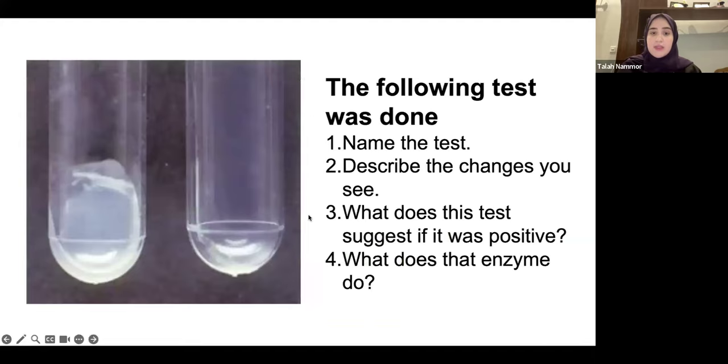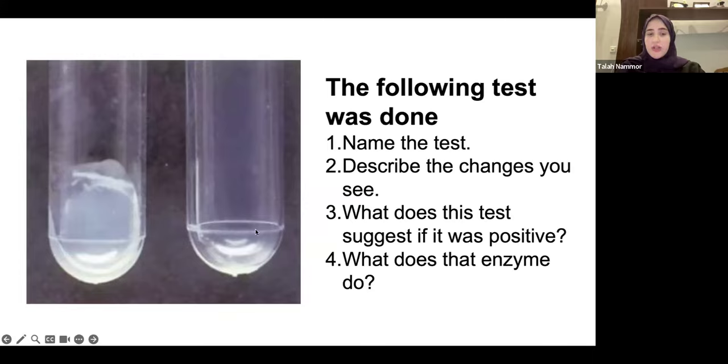All right, let's move on. Then we did another test. So what is this test? Coagulase, exactly. Coagulase is another test that can help us differentiate between the different Staph that we have, okay? Let's look at this beaker.